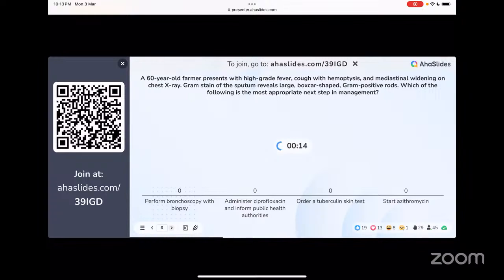We're asking you the next step of management, and the clue would be, guys, do you need a clue here? Okay, giving you this clue: this pathogen forms spores and produces a lethal toxin, causing mediastinitis. Administering ciprofloxacin and informing public health authorities is the right answer.